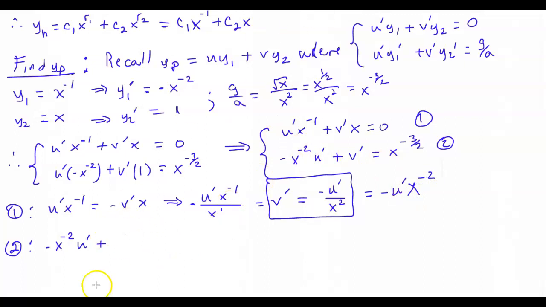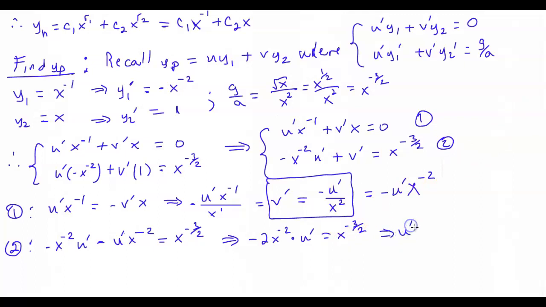So here we'll just put a minus u prime x raised to the negative 2. And that has to equal x raised to the negative 3 over 2. On the left side we have two terms that essentially look the same, so we'll just rewrite it this way, and on the right side we have x raised to the negative 3 over 2.